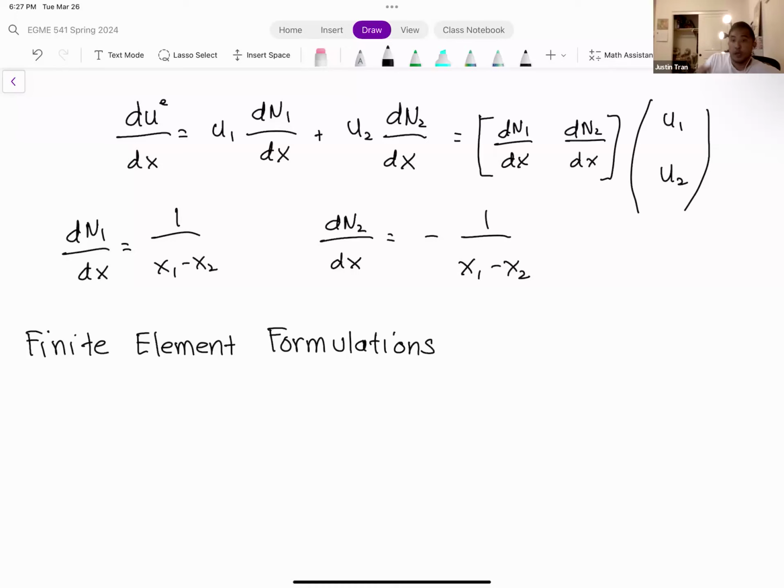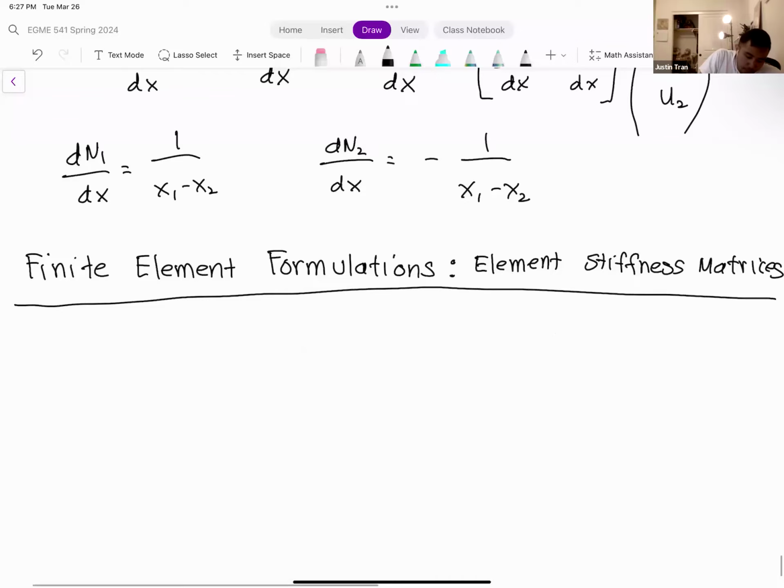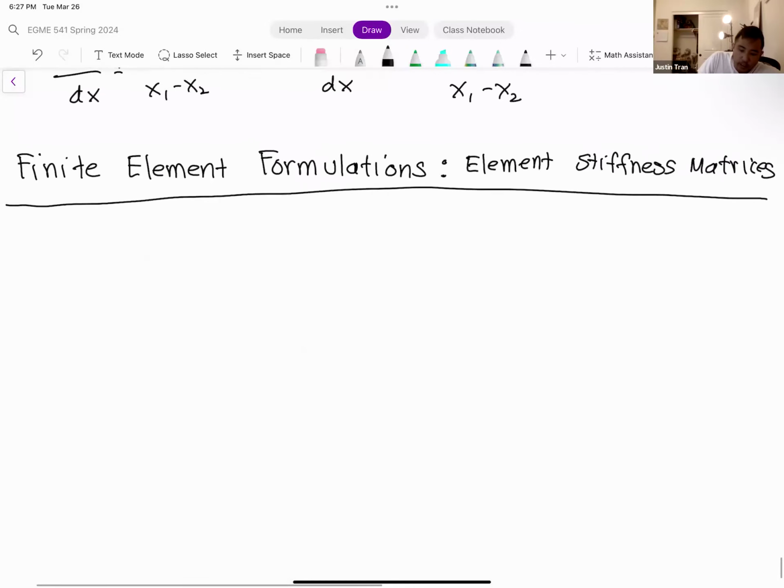First, just like we did with direct stiffness, we're going to start by formulating the element stiffness matrix. Let's write out the weak form for 1D elasticity.